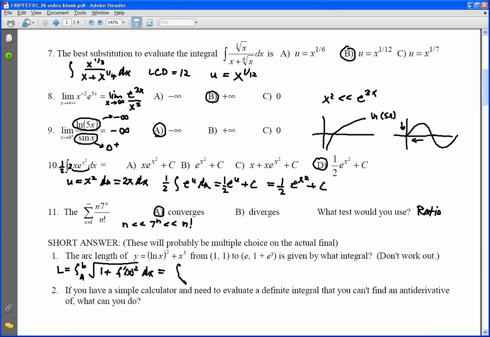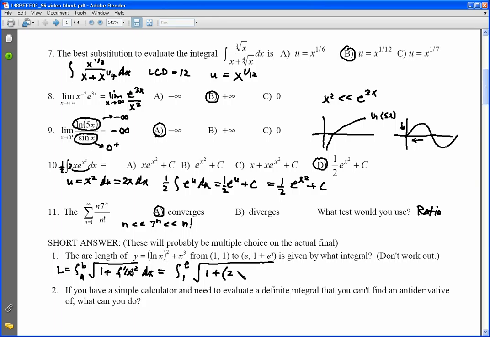So integral, we're using x values here, so it's going to be x equal 1 to x equal e, and then square root, we don't have to do any simplifying here, 1 plus, and our f prime, the derivative of natural log of x squared. This is an outside exponent, so this is a function to a power.